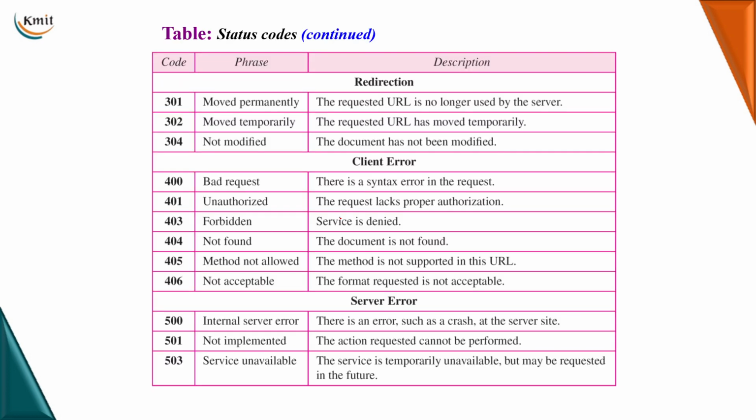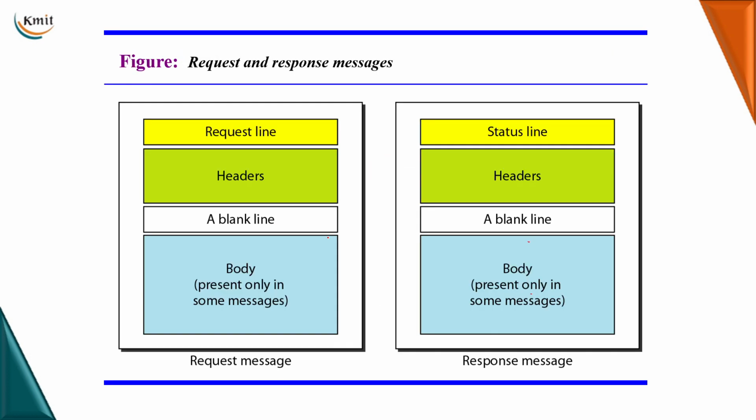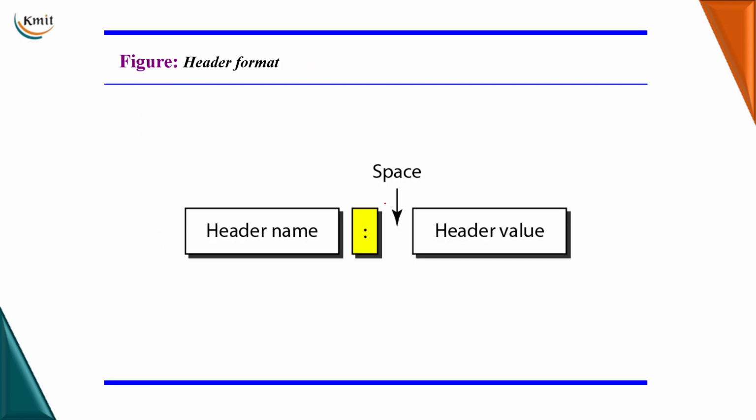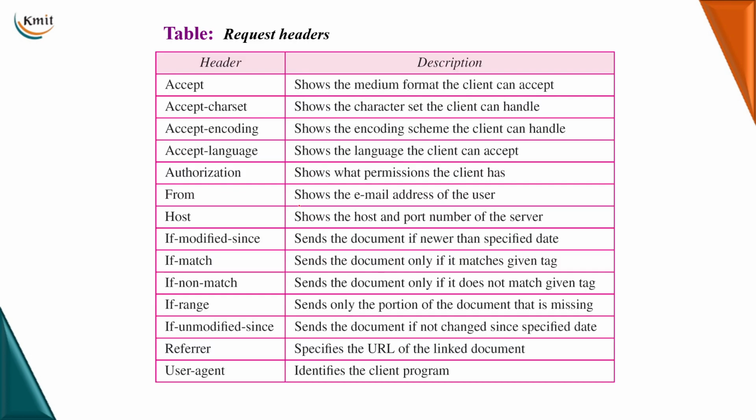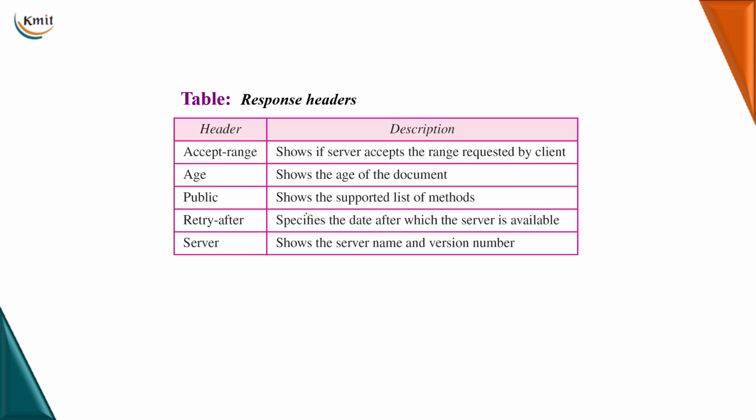And then we have the header format. You can see after the request and status line, we have the header format. The header format is like this: header name, colon, space, header value. The different headers are cache control and connection headers. We have request headers and these are the response headers.